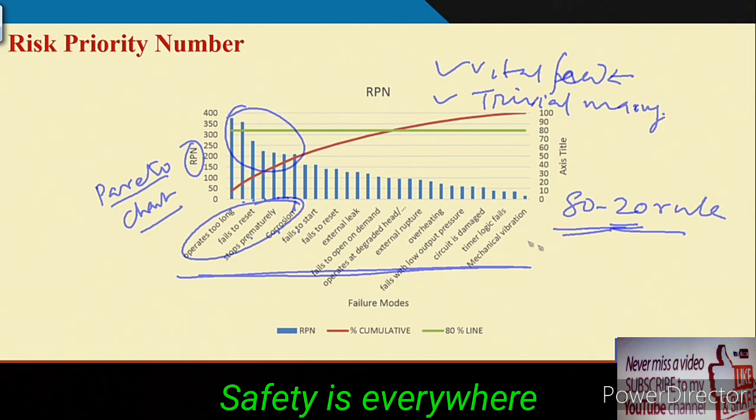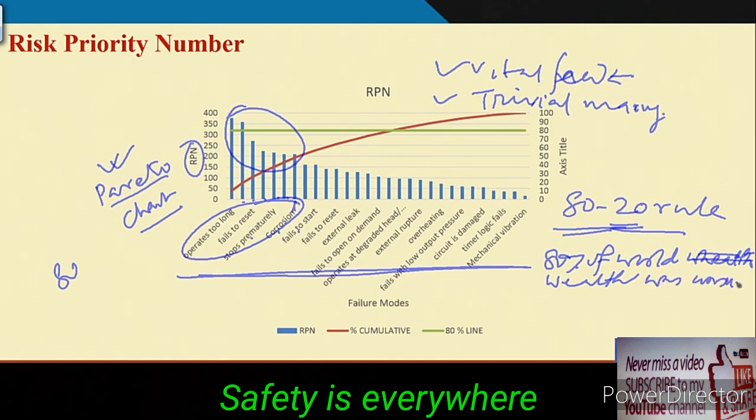In the 18th century, Alfred Pareto observed an interesting phenomenon. The phenomenon is this: 80% of world wealth was consumed by 20% of the world population in the 18th century.